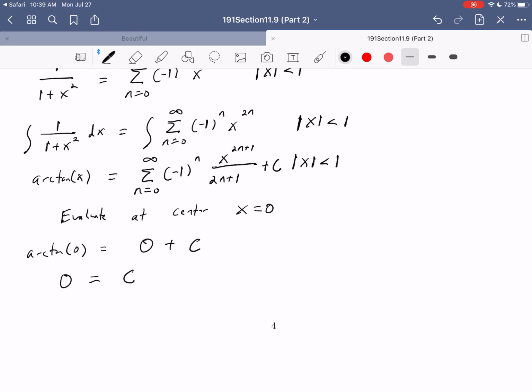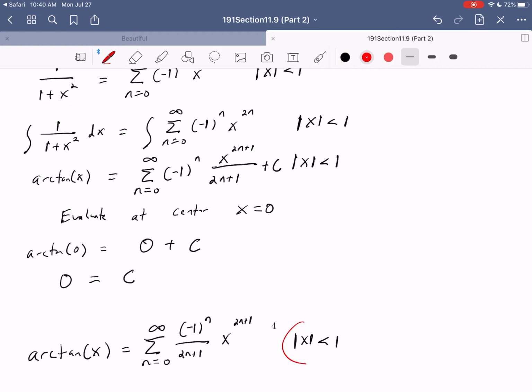All right, so now we know that we have a representation: arctan of x is equal to the sum, n equals 0 to infinity, of (-1)^n, or if we prefer to put all the constants in front, let's just do it that way, (-1)^n over 2n plus 1, x to the 2n plus 1, as long as the absolute value of x is less than 1.